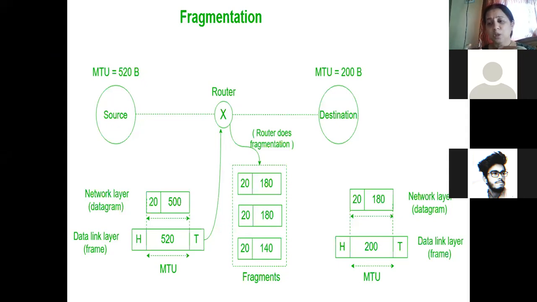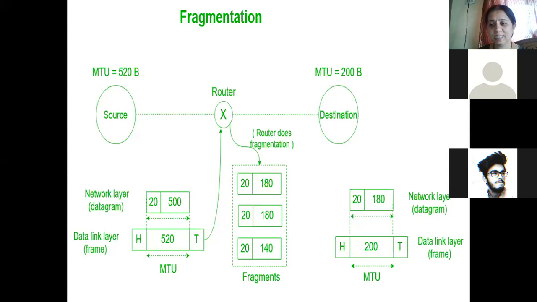Imagine the source has got a data unit which is 500 bytes long. So maximum transmission unit, MTU, of the source is 520. 500 is actually the body of the data, and 20 bytes is the header. So total it will make it 520 bytes.